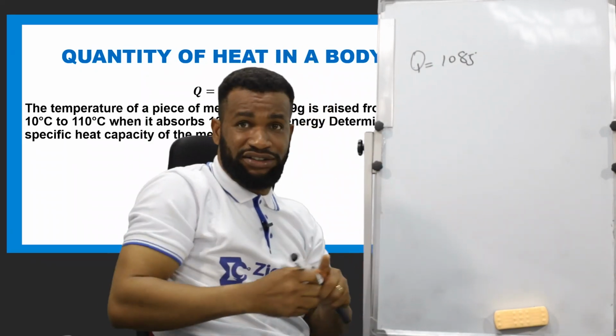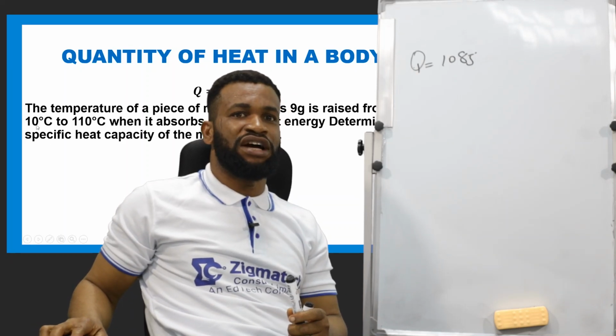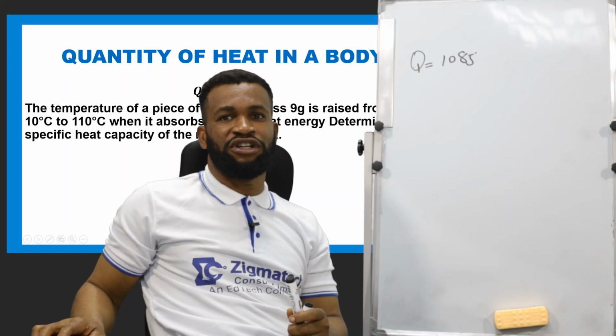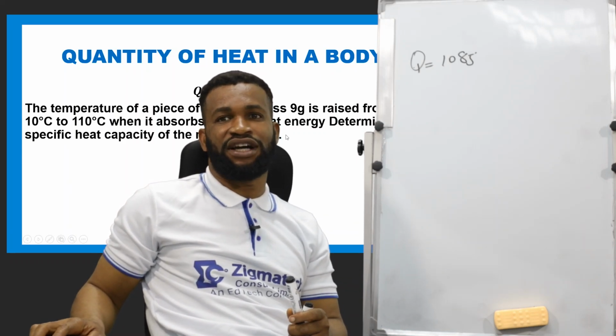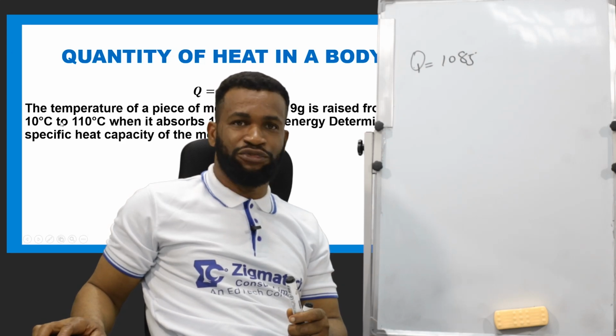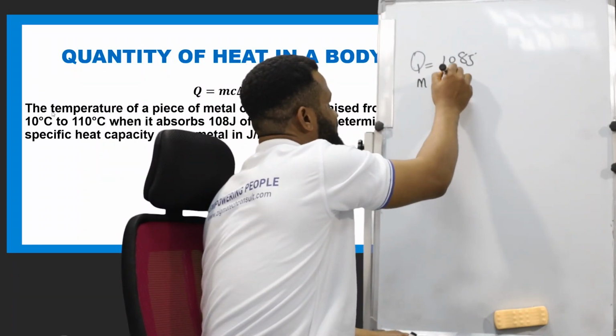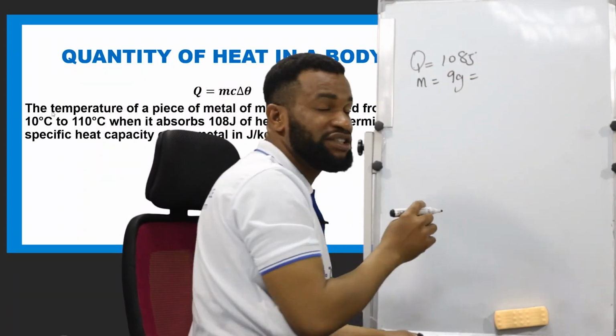Anytime you see that J there, you now know that it is energy. Now this is degrees Celsius, and somebody may say, why not use Kelvin? It doesn't really matter in this calculation. Whether it's Kelvin or degrees Celsius, you just use them to solve. Now, the mass of the body is given as 9 grams, and I have to convert it to kilogram.